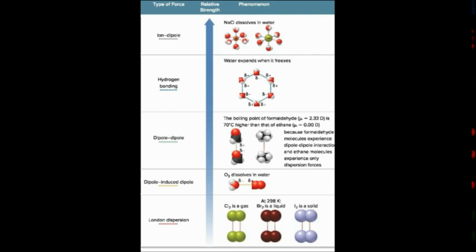The hydrogen bonding is responsible for liquid water, and it's also responsible for the structure of ice. Now look what's happening: we've got 6 oxygen atoms and 12 hydrogen atoms, but they are turned to each other because of this hydrogen bonding.